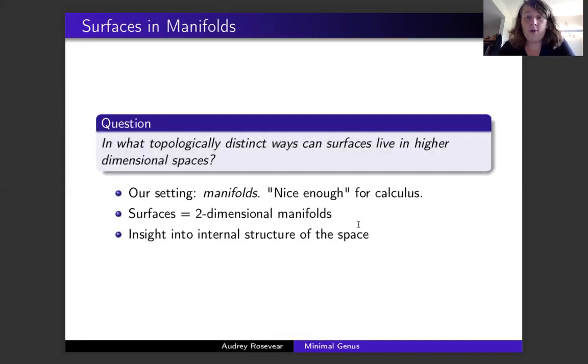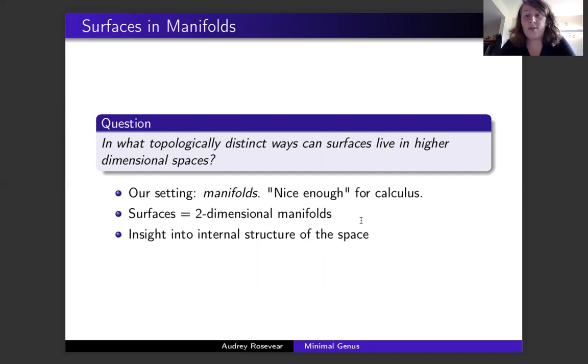So we're going to be more interested in higher dimensions, 4 specifically. But the question we want to ask is, what topologically distinct ways can you have surfaces living in higher dimensional spaces? So our setting is manifolds. These are spaces that are nice enough for calculus, and you can define a sort of generalized multivariable calculus for them.